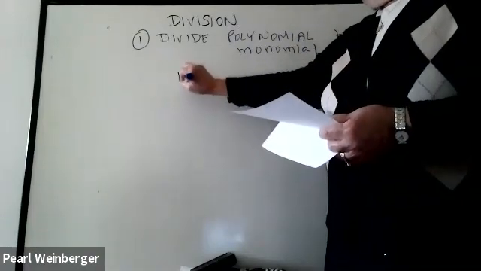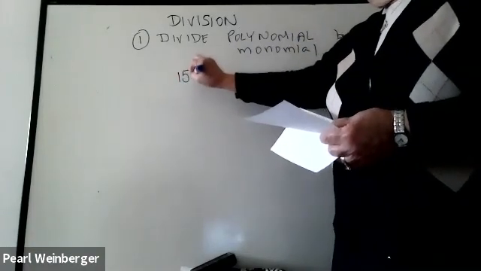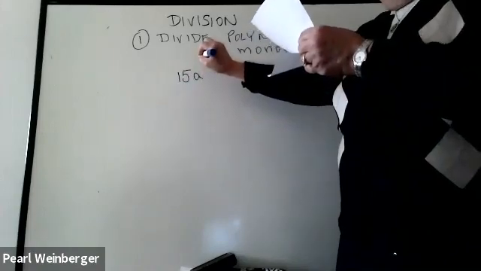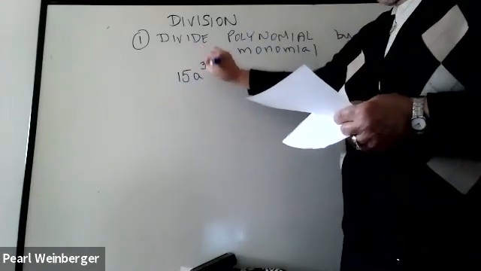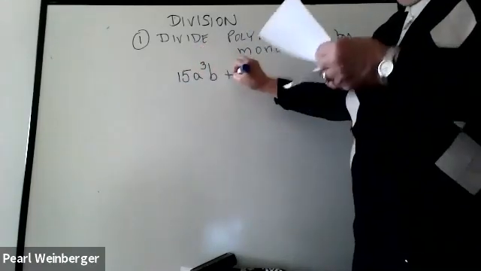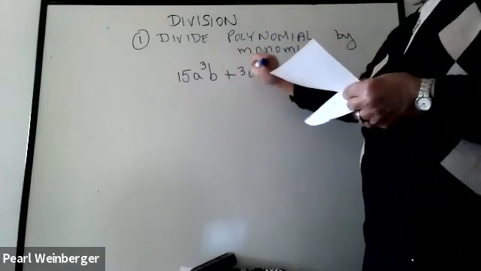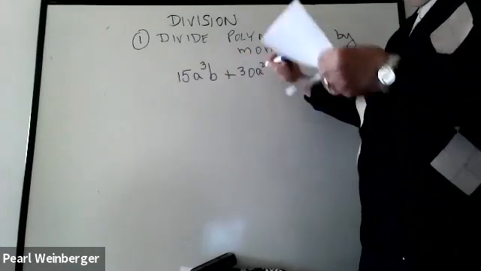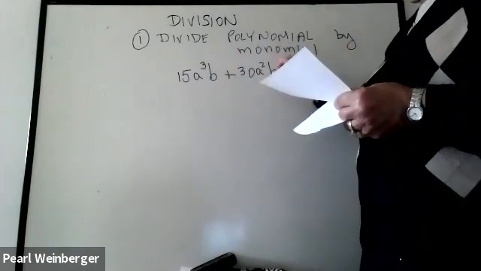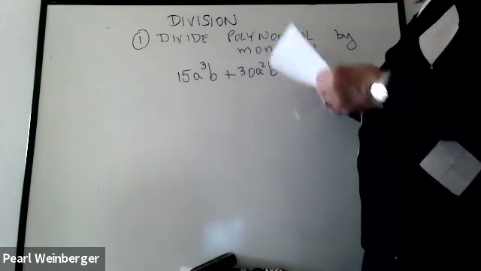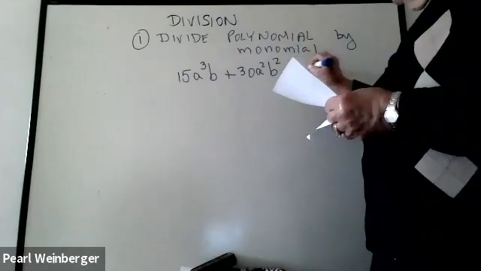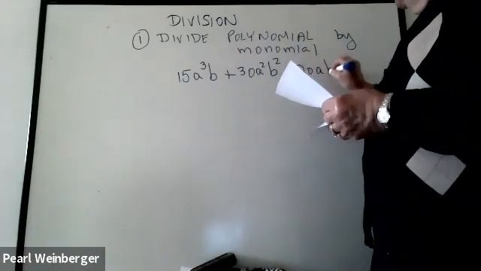Suppose I gave you something like this. 15a to the third b plus 30a squared b squared plus 20ab to the third.